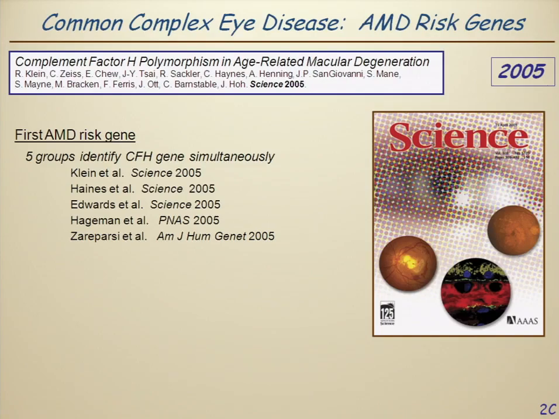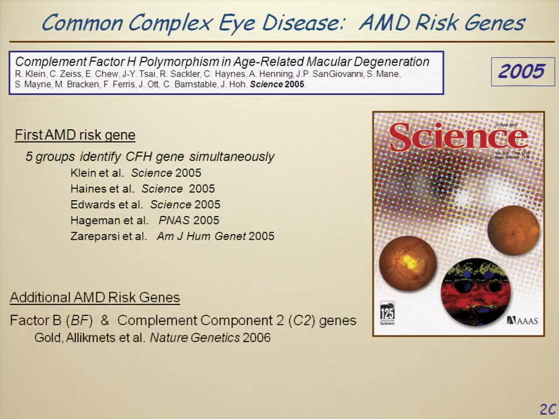This is the complement cascade system, the immune system of the body. Within a year, two more complement components, factor B and complement component C2, came on the scene, more risk factors for AMD.